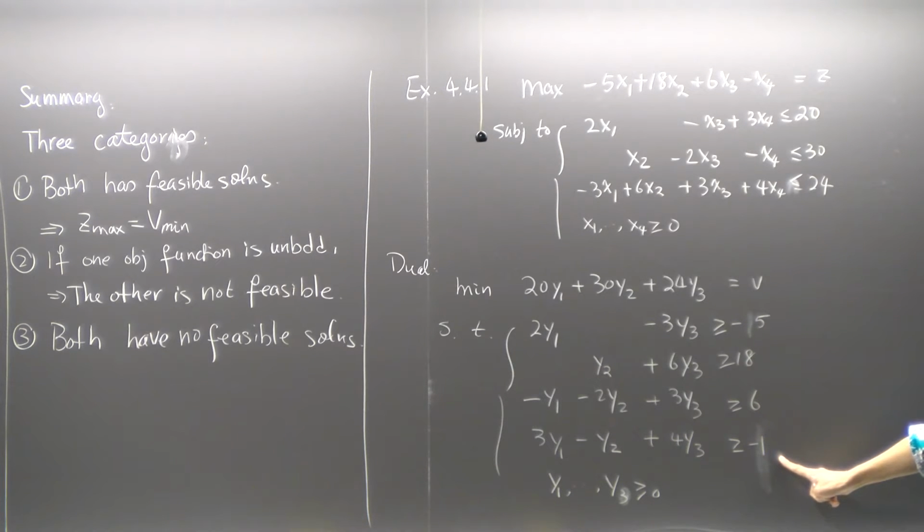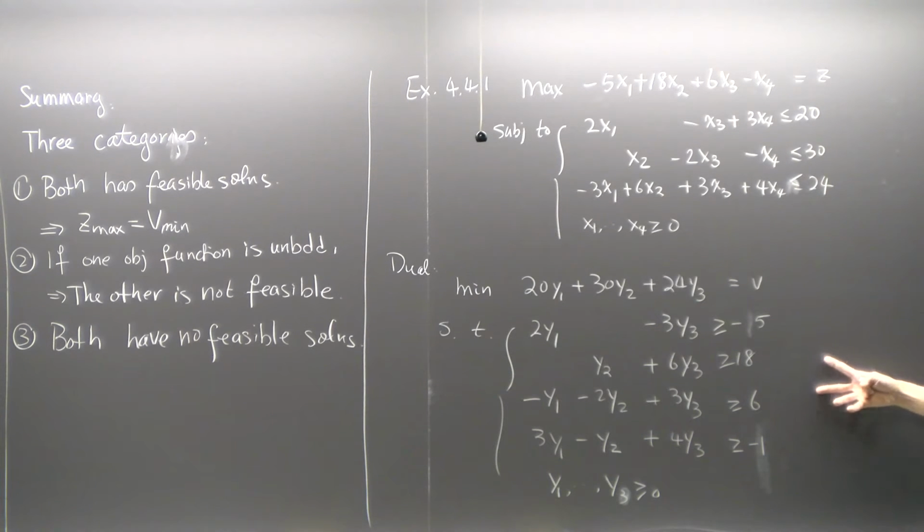Then I have equal, so I have it in standard form. The first slack and the last slack can be used as basic variables, not the 2 middle ones because they have -1 in front. So you have to add 2 artificial variables, go through stage 1, drive W down to 0, and do stage 2. Is that clear?